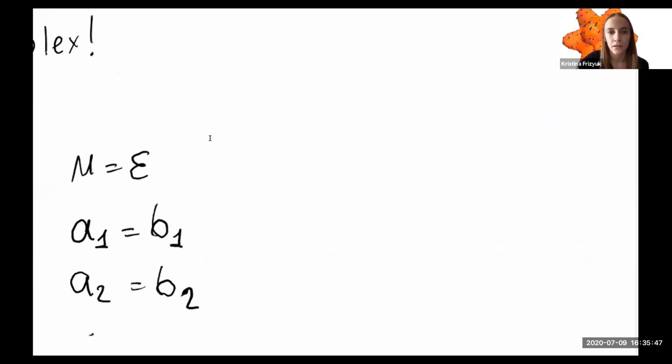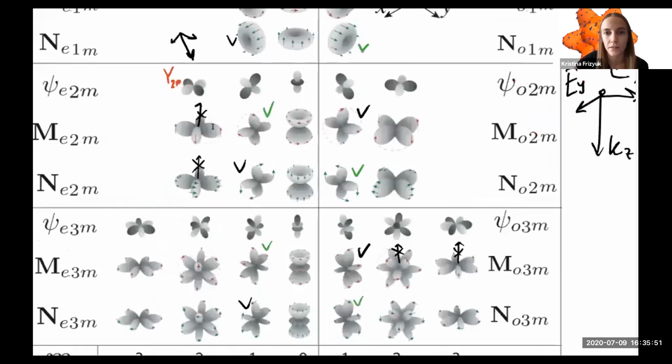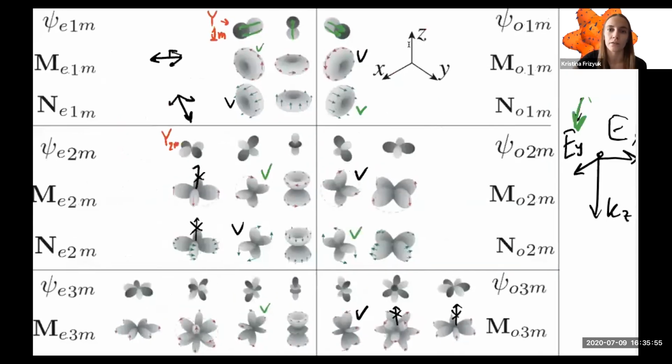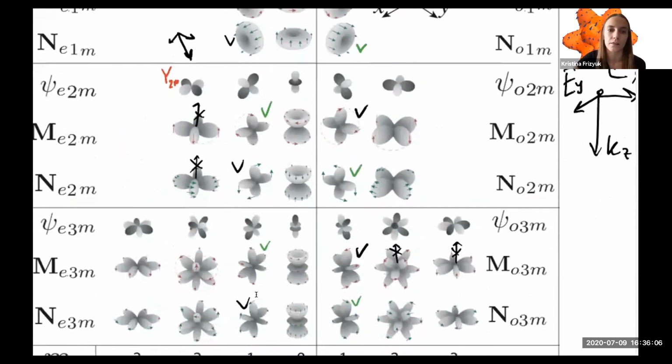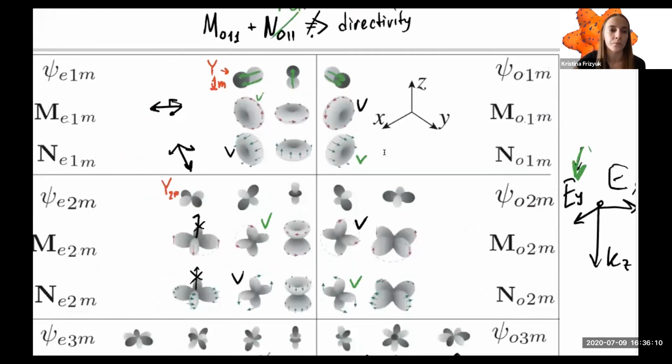And the only difference in radiation patterns is how they are rotated. They only depend on the coordinate system, and an even mode turns into an odd one if you just rotate it by 90 degrees, and that's all.